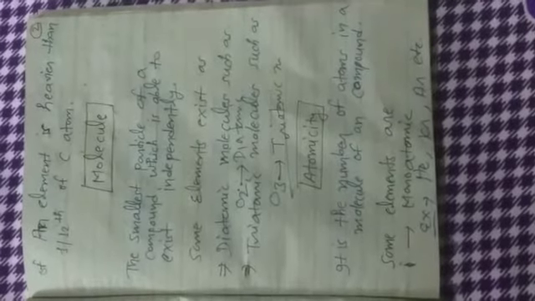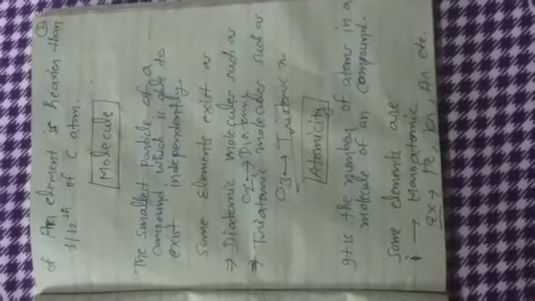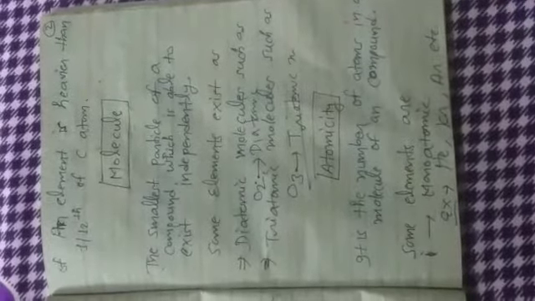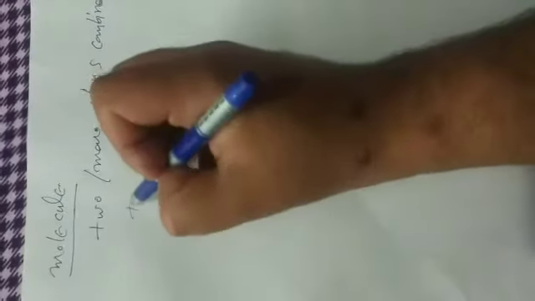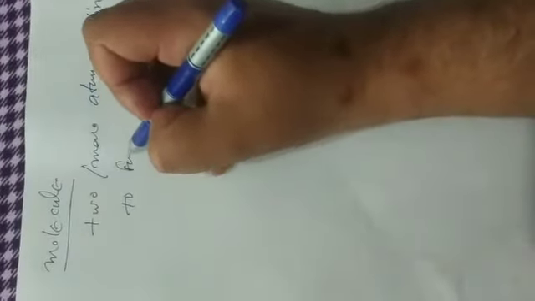Molecule: the smallest particle of a compound which is able to exist independently. Some elements exist as molecules, in which two or more atoms combine to form molecules.